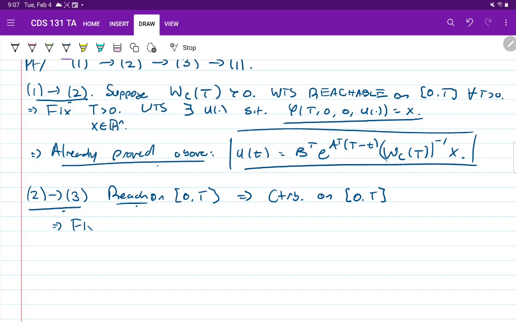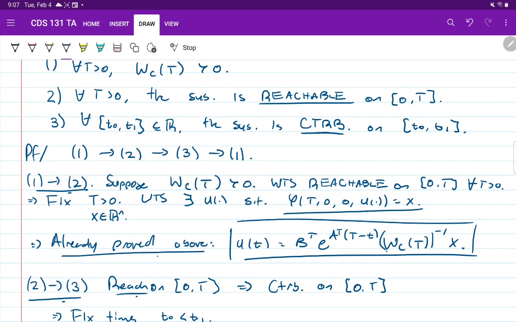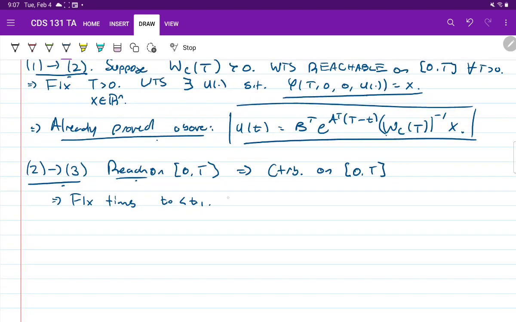So I'll fix times t0 less than t1. How are we going to conclude controllability on [t0, t1]? Well, we know we have reachability on the time set [0, t1 minus t0].